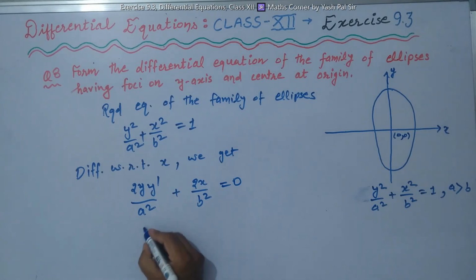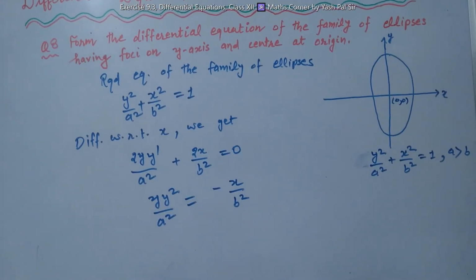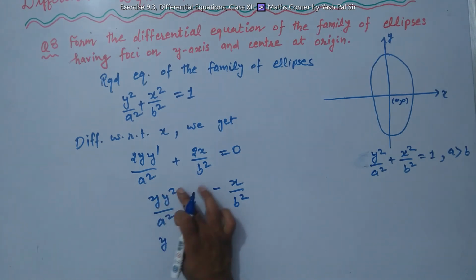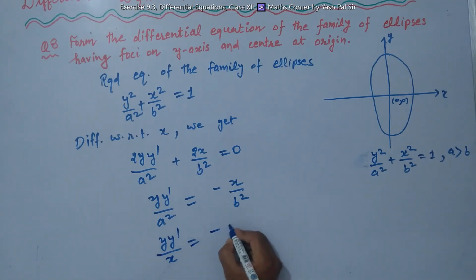So this way we have y into y dash upon a square is equal to minus x upon b square. So next we have y into y dash upon x is equal to minus a square upon b square.